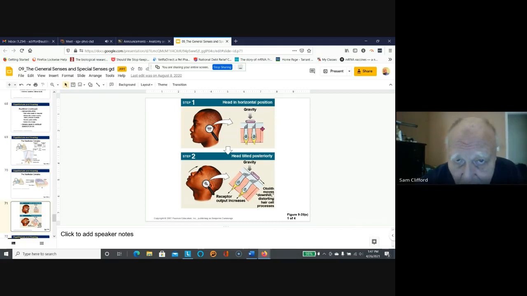So when you move your head, these otoliths are going to move, and they're going to bend these hairs in a certain direction, and you'll be aware of your head position.